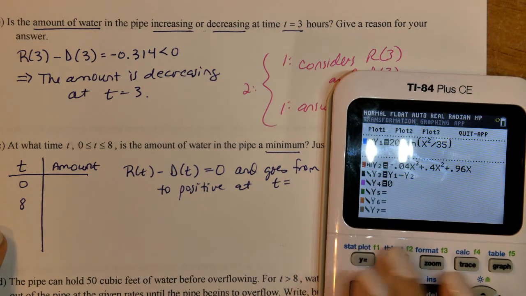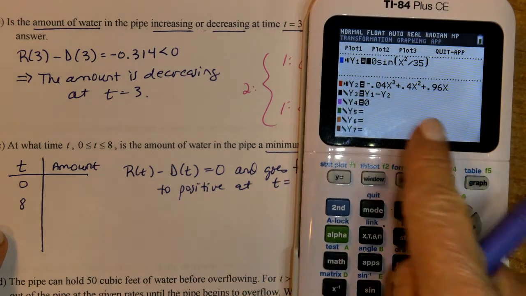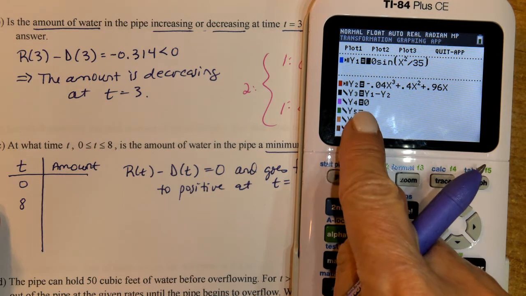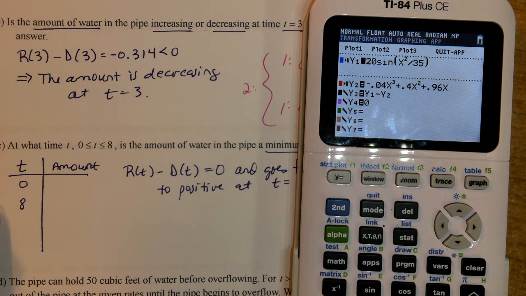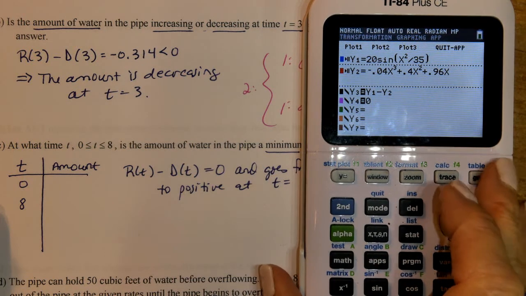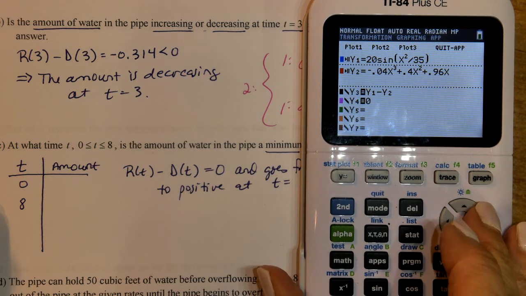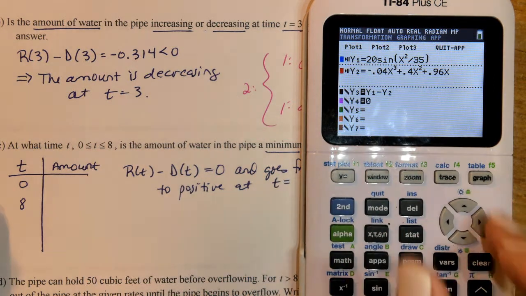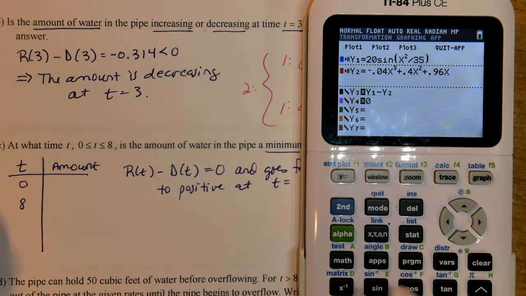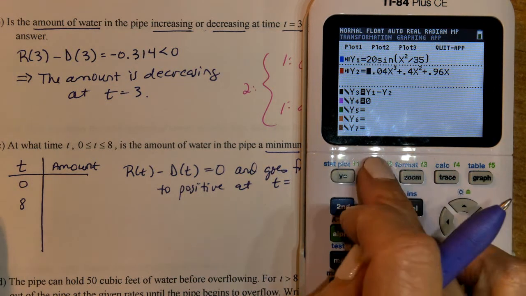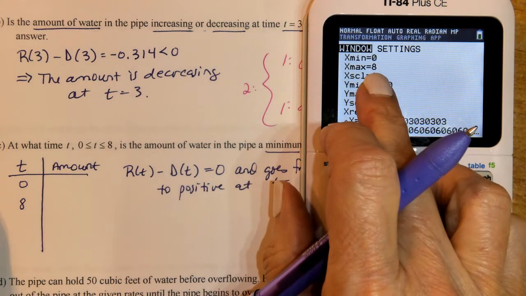So back to my calculator, I still have my y1 minus y2 and the 0 in there. Kept that in there because this is a very common question for them to ask. Okay, so I'm turning off the graph for my y1 and y2 so that I only see the rate in minus the rate out.